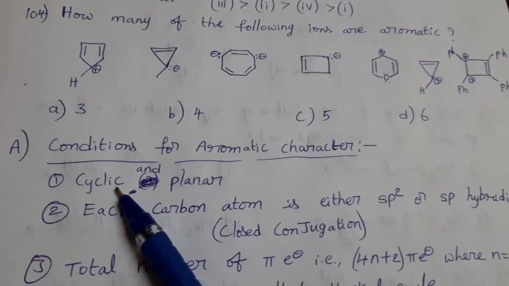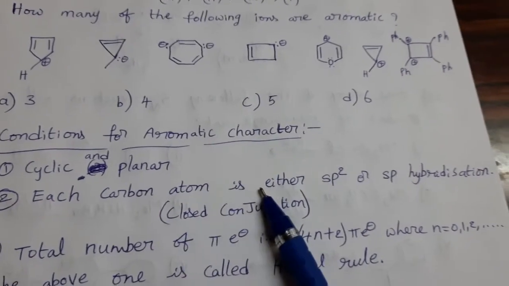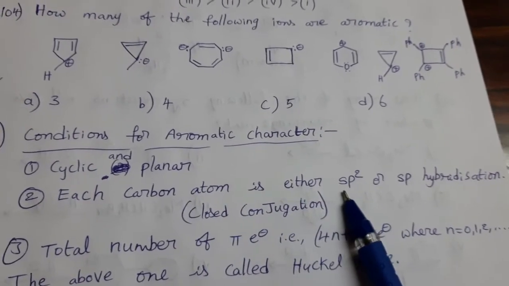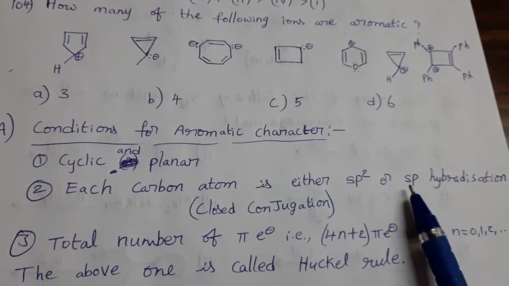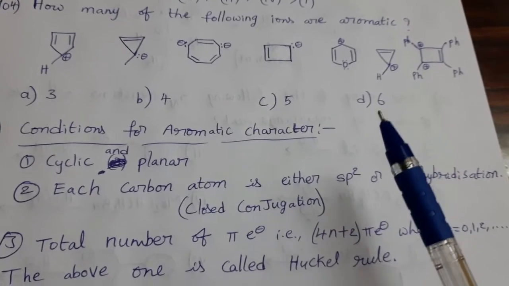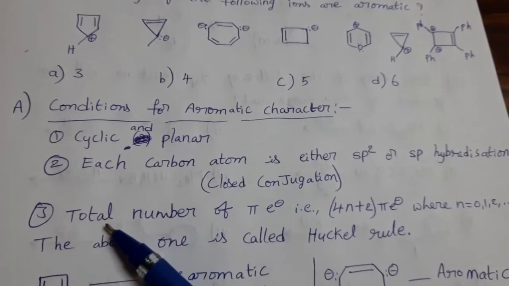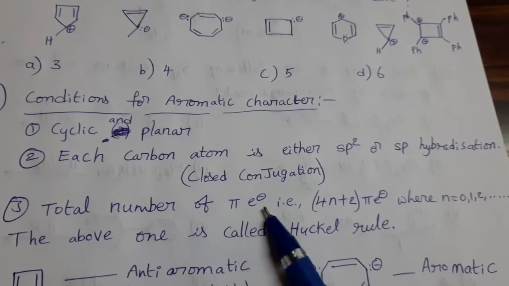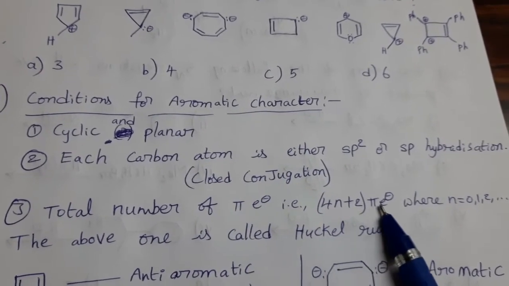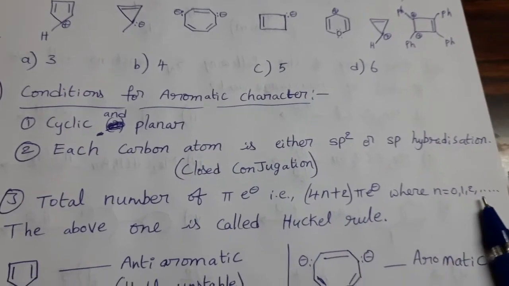First one is they should be cyclic and having planar structure. Each carbon atom is either sp2 or sp hybridized. And total number of pi electrons should be 4n plus 2, where n equals 0, 1, 2, 3.